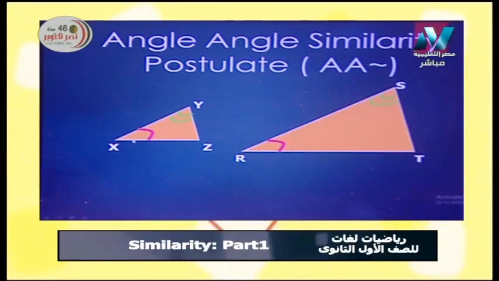So we have two angles in triangle XYZ equal to the two corresponding angles in triangle RST. Measure angle X equals measure angle R, measure angle Y equals measure angle S. So logically, measure angle Z equals measure angle T. Why?